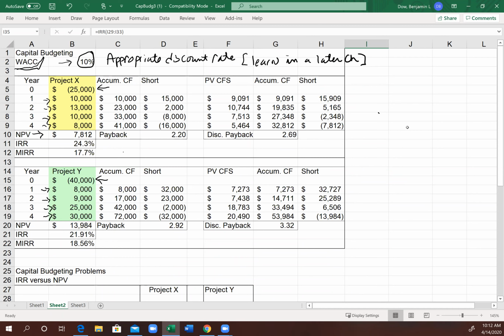Just from a monetary standpoint, just from a net present value standpoint, Y is better. Okay. But X is also less risky. It has a shorter payback period. Okay. And the cash flows come sooner rather than later. That shows up in both the IRR and the payback. Okay.